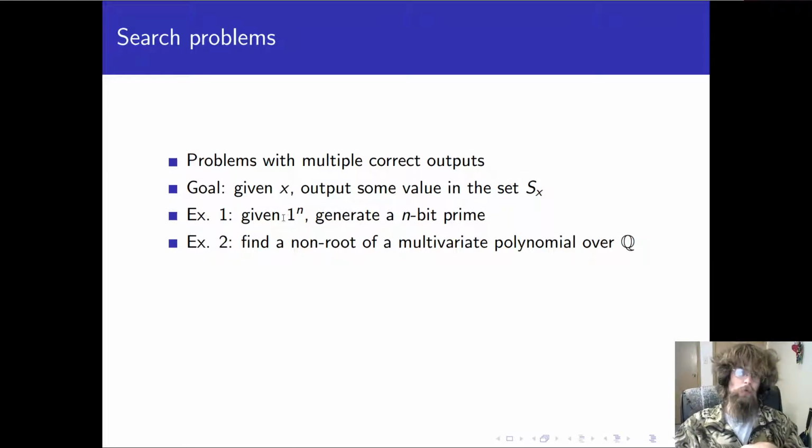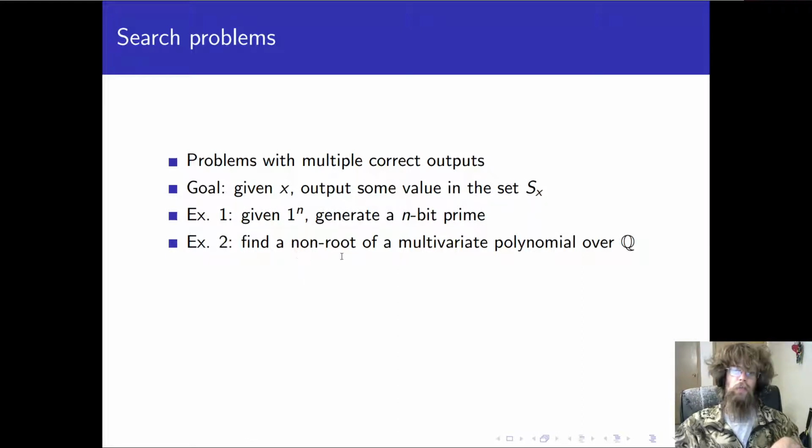As an example, we want to generate prime numbers. So you get 1 to the n as an input, and you've got to generate an n-bit prime. Let's say n is 4, then Sx would be 11 and 13, because those are the 4-bit prime numbers.